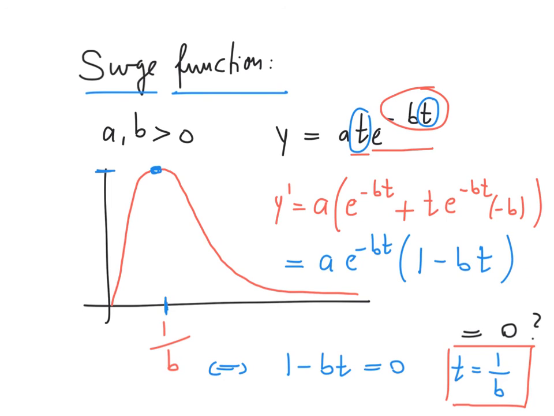And then you're asked to find the maximum, let's say, of a concentration of a substance in the bloodstream. For that, you have to simply compute the critical point. But for that you don't even have to compute the derivative, because you can just read it off the function, because you just need 1 over b.